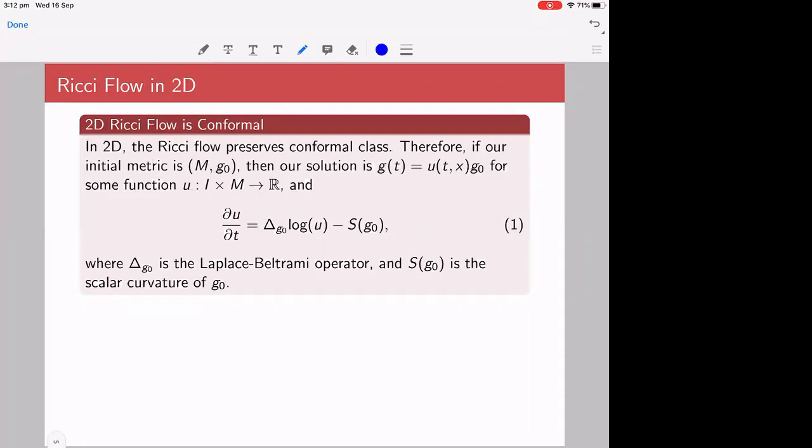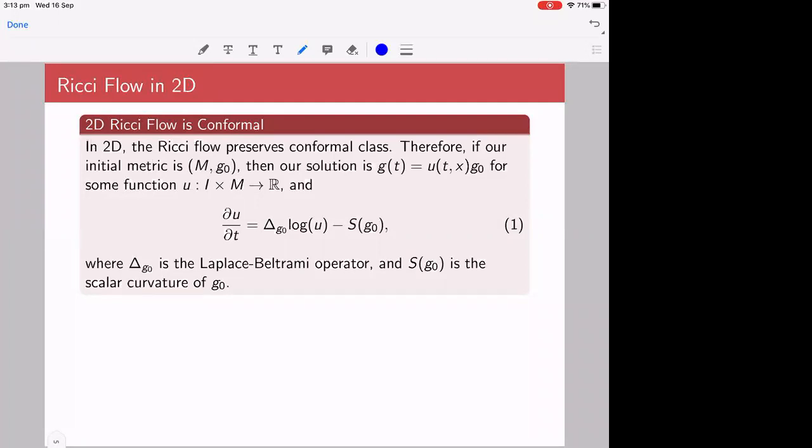So therefore we would expect that the Ricci flow should just simplify into a scalar PDE for this scalar function u, whose inputs are the time parameter as well as the manifold itself. And indeed that is the case.